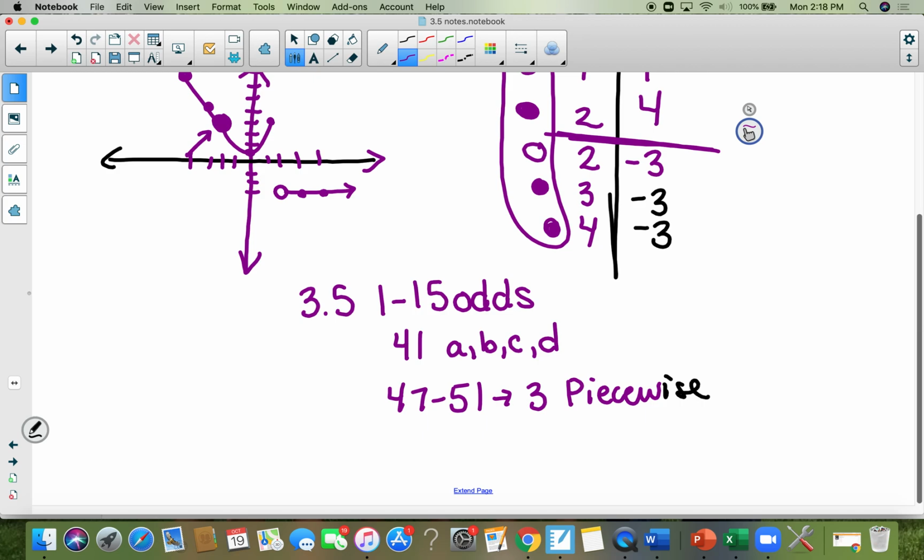So I shortened it up by a lot for 3.5, so keep that in mind.